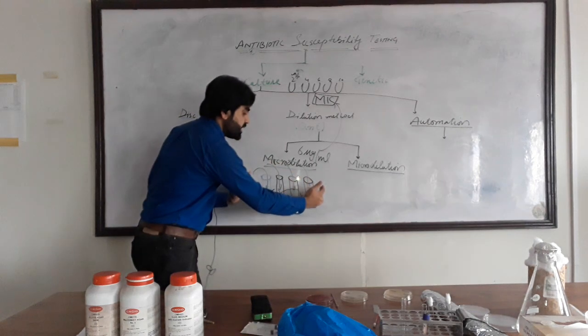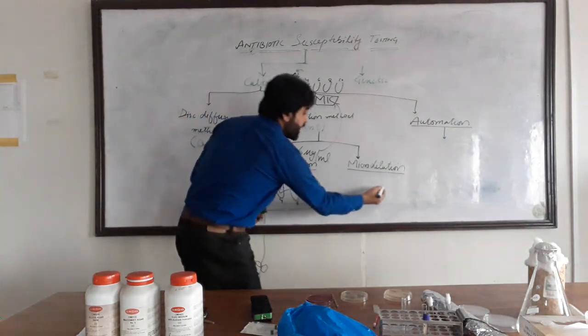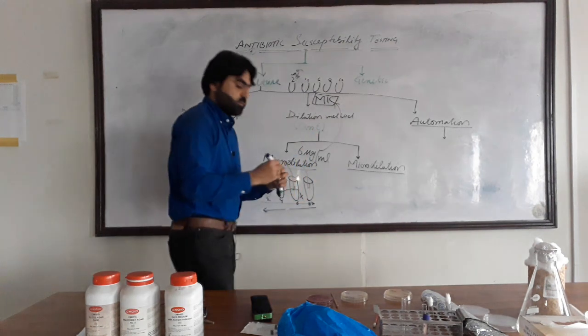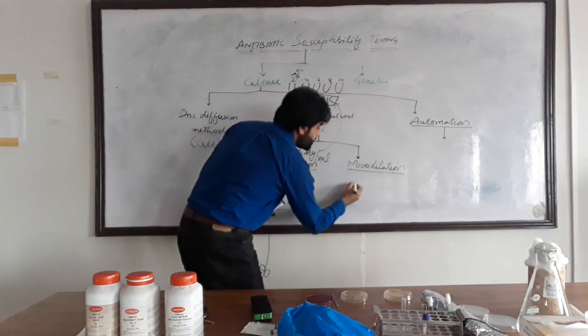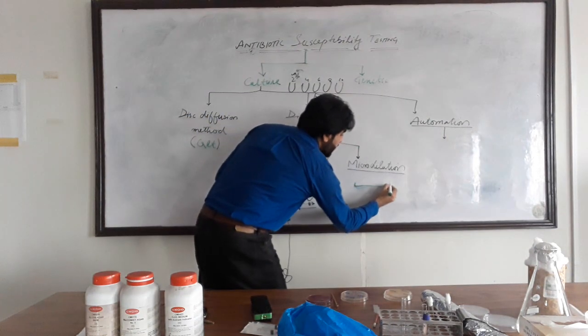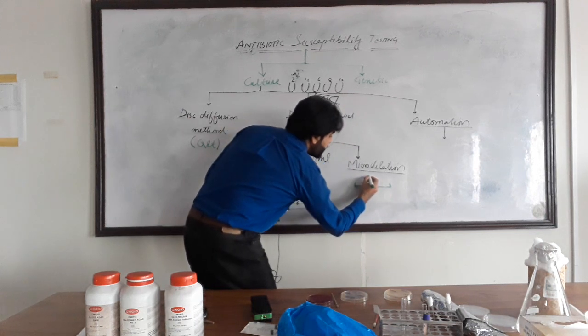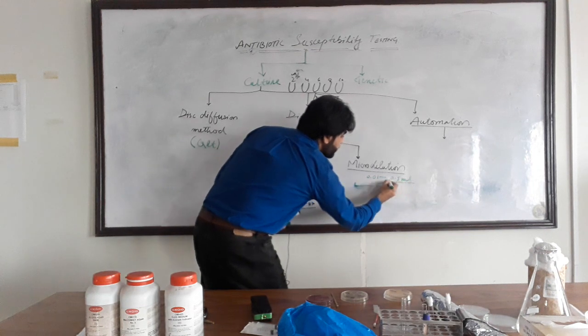Microdilution is when you prepare the same dilution in a microtiter plate. You have seen microtiter plates, which are commonly used in ELISA and other assays in immunology and serology. You prepare the same dilution but in a very minute quantity, like 0.01 to 0.5 ml.